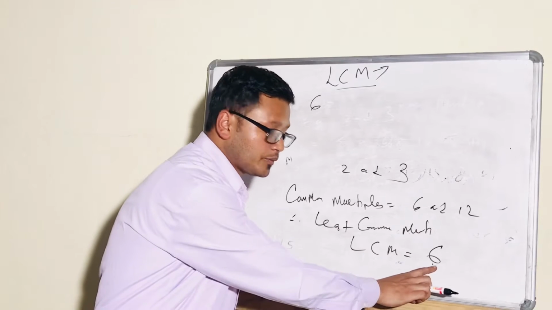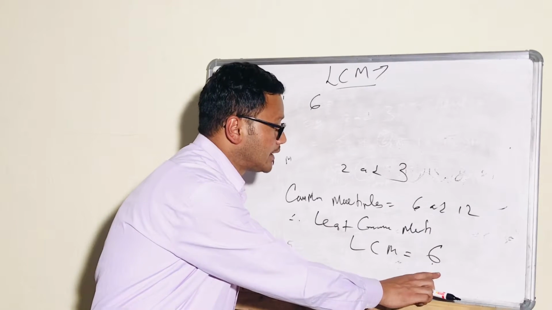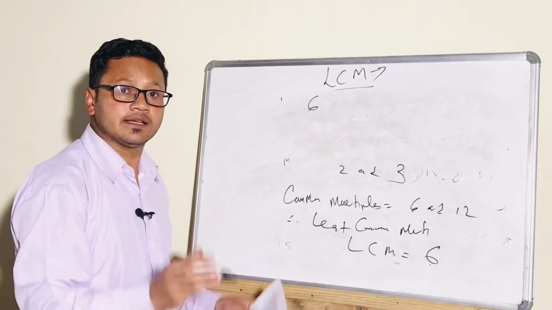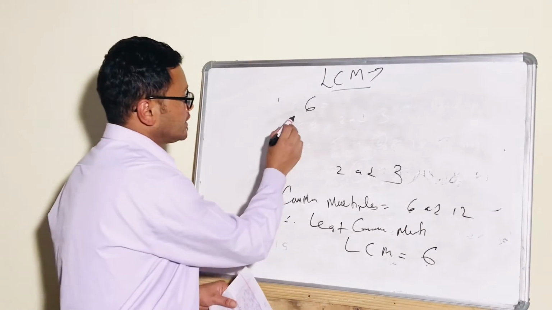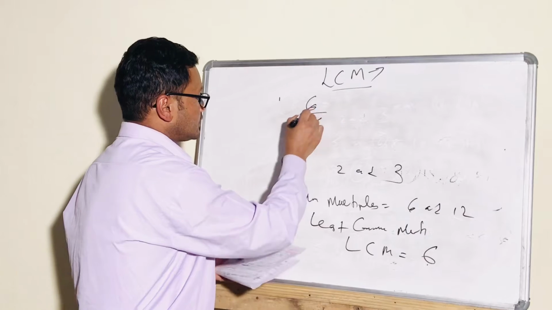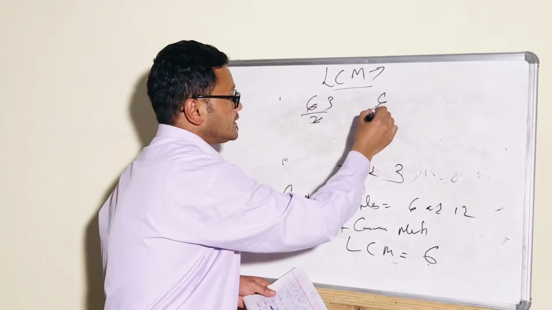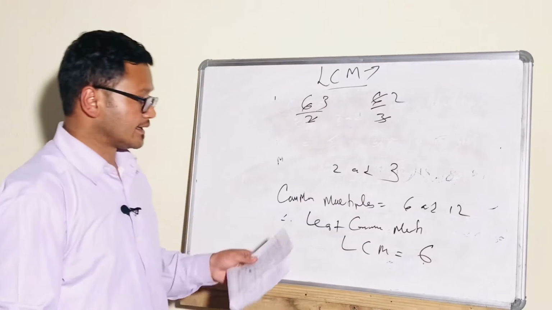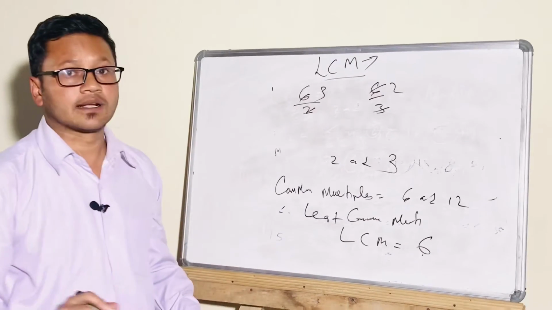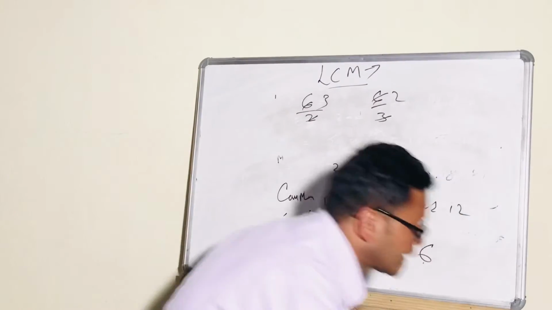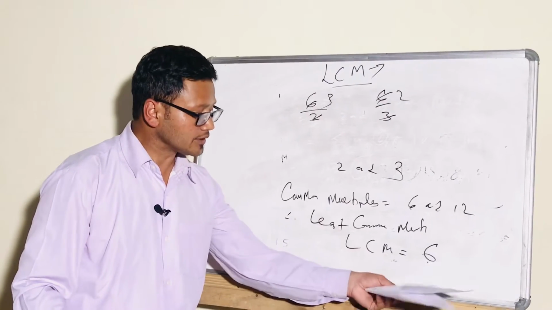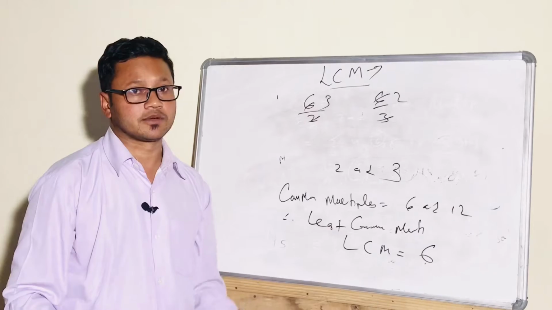It is the lowest possible number which can be divided by the given numbers, leaving remainder 0. That means 2 threes are 6, and 3 twos are 6. That is also an example of LCM. The number must be divisible by the given numbers.